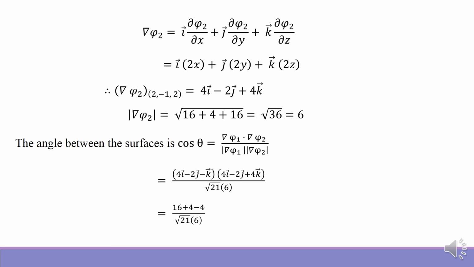We get 4i vector minus 2j vector plus 4k vector. Then modulus of ∇φ2 is root of x square plus y square plus z square. We get root 36, that is equal to 6.